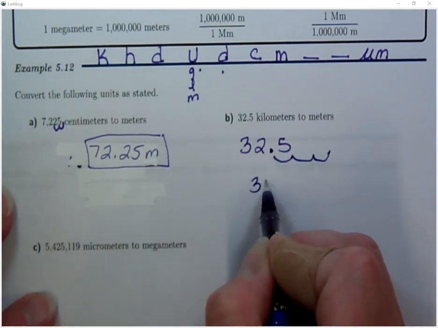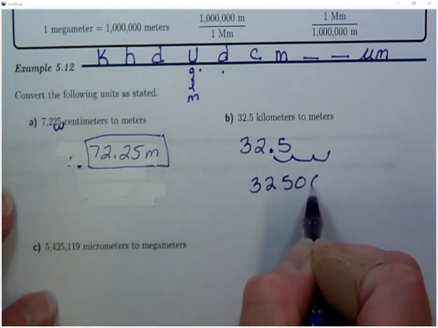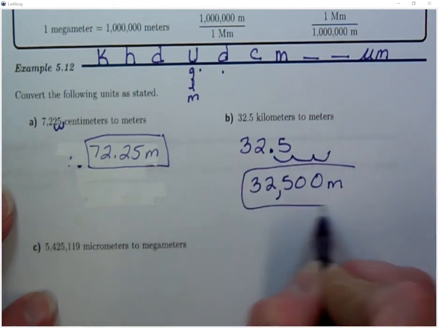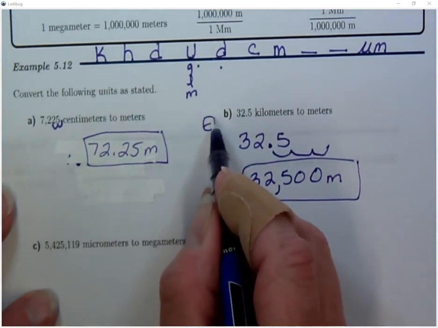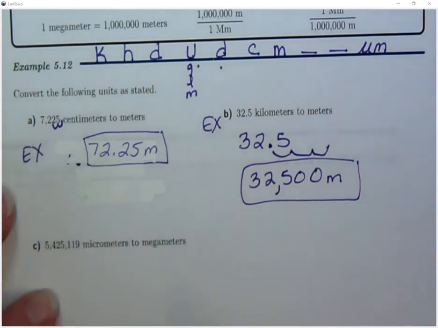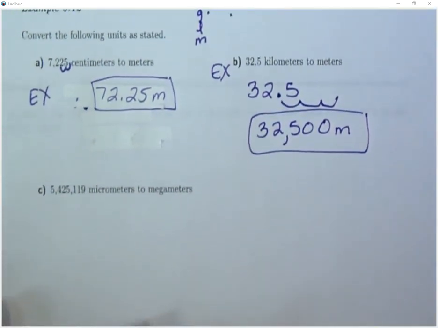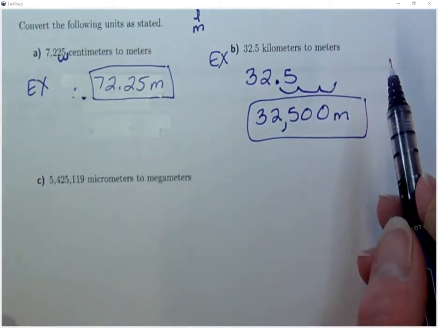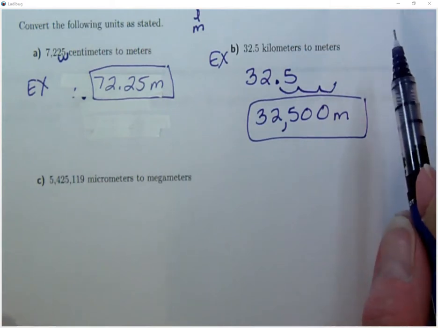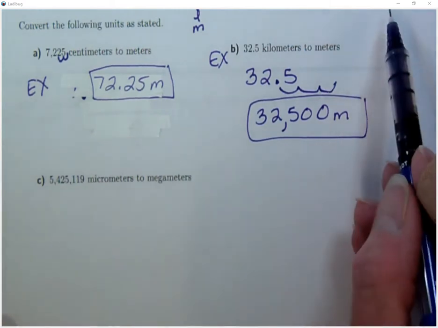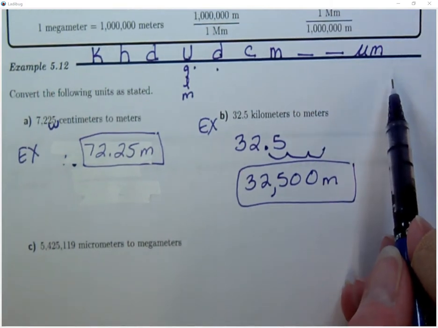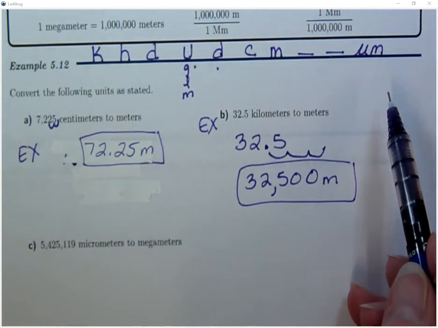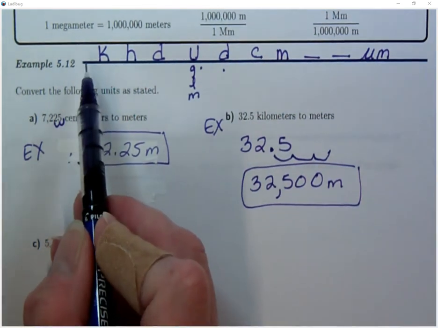So 32,500 meters would be the equivalency. Now this one is micrometers. That is the one that I put way down at the end. And then there's also megameters, and that's even further in this direction.